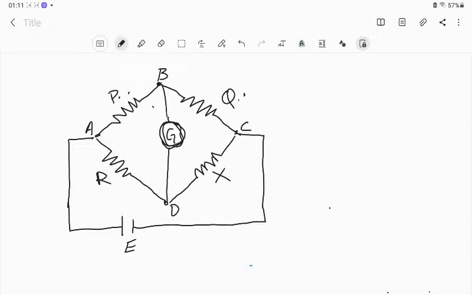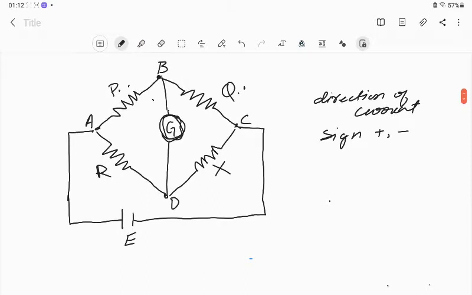In order to solve any circuit, first you should mark the direction of current. After that you have to give plus or minus signs in the resistors.